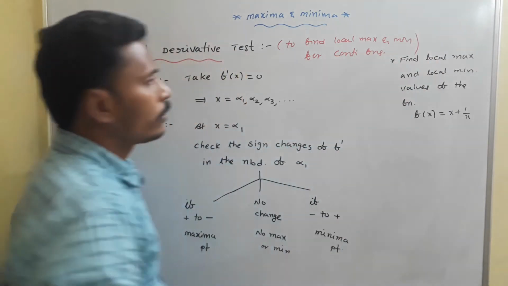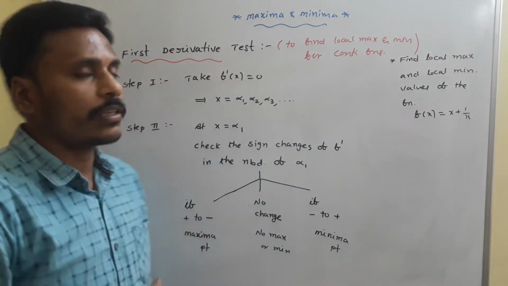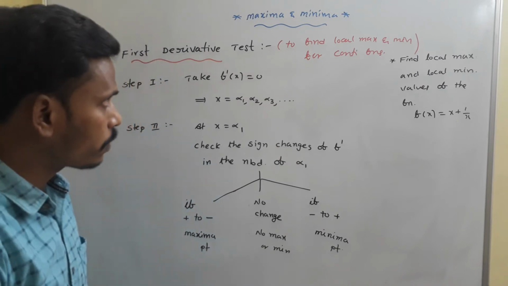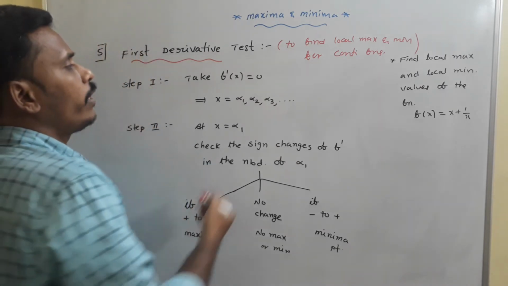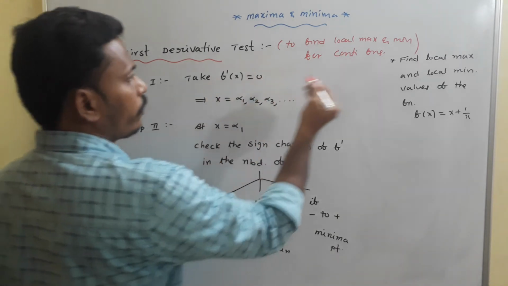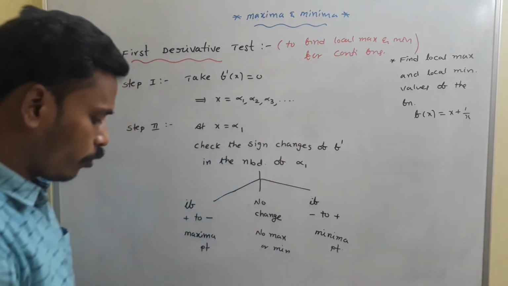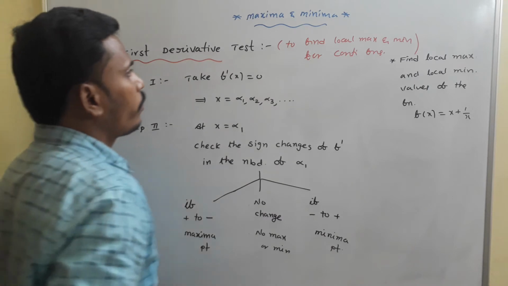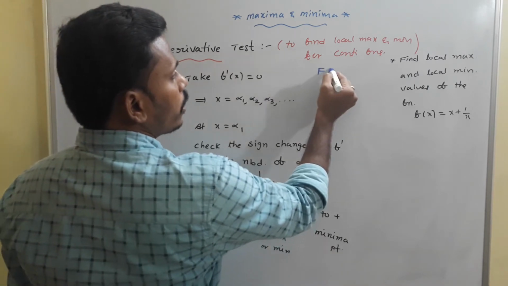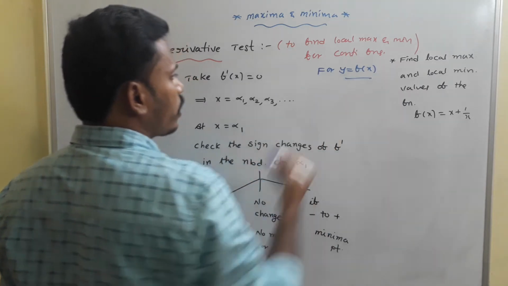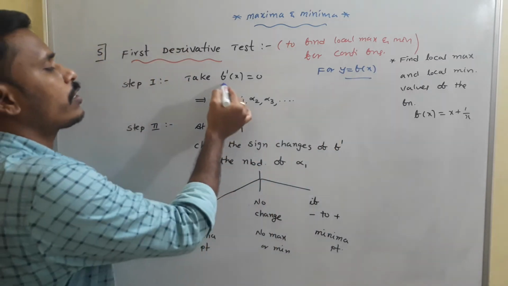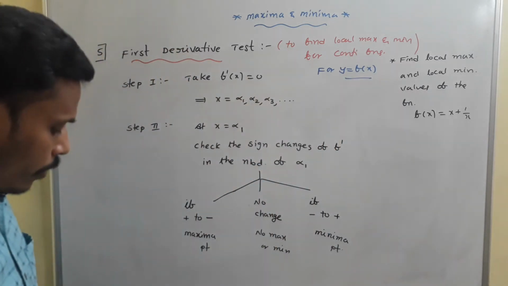So the main purpose of this first derivative test is to find local maxima or local minima of continuous functions. First step is we need to find the derivative of the function. Suppose the given function is y equals f of x. Our discussion is for the function y equals f of x. For that function, first of all, you just take f dash x equals 0.